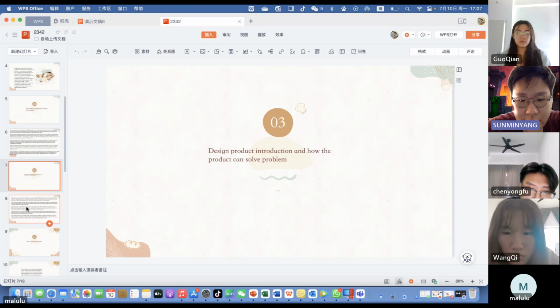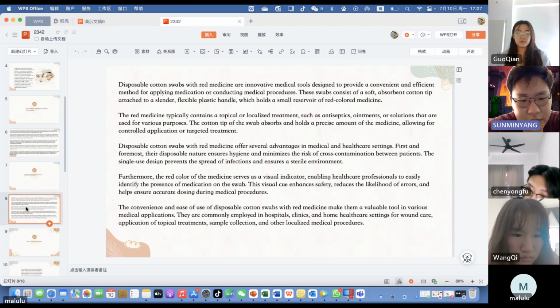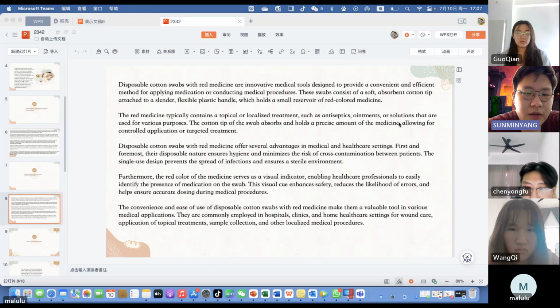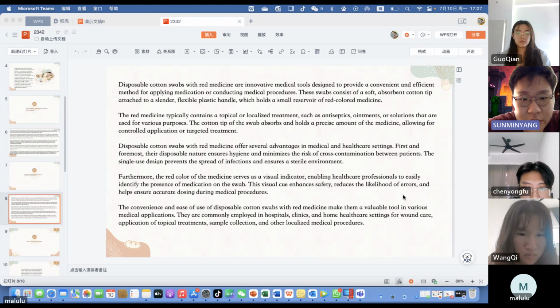And our third part is design, product introduction, and how the product can solve the problems. Dissolvable cotton swabs with red medicine are innovative medical tools designed to provide convenient and efficient methods for applying medications or conducting medical procedures.